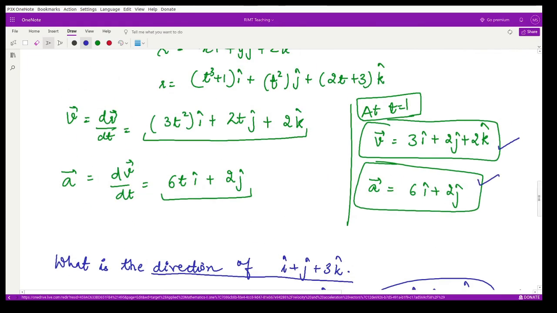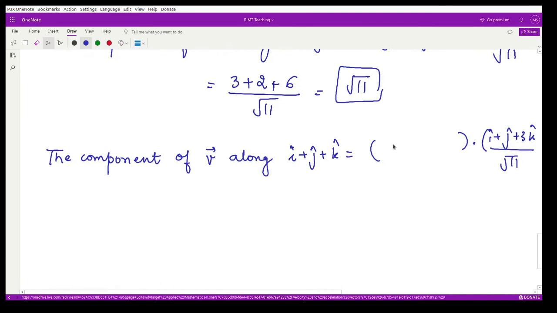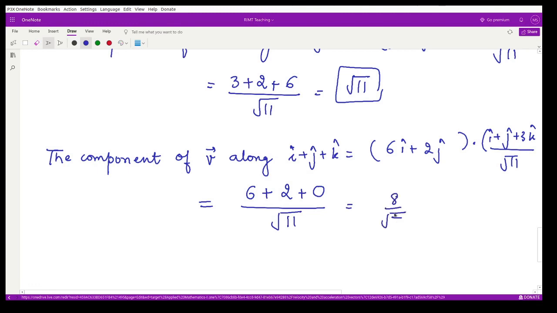This is 6i cap plus 2j cap. So when you compute this dot product, 6 into 1 comes out to be 6, 2 into 1 comes out to be 2, and 0 into 3 comes out to be 0, divided by square root 11. So this comes out to be 8 divided by square root 11. So this is the component of acceleration in the direction of the given vector i cap plus j cap plus 3k cap.